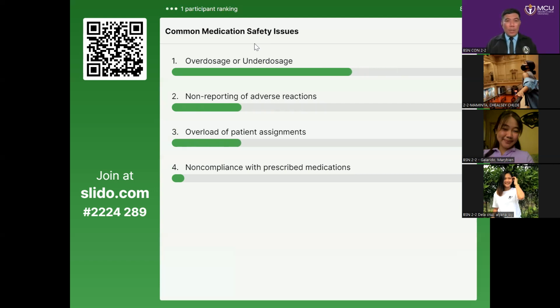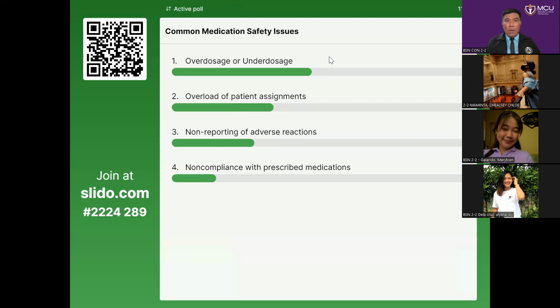Number 1 is all about overdosage, underdosage. Number 2 is all about non-reporting of adverse reactions. We have mentioned that adverse reactions are the untoward reactions of the drug. So still number one is overdosage or underdosage.